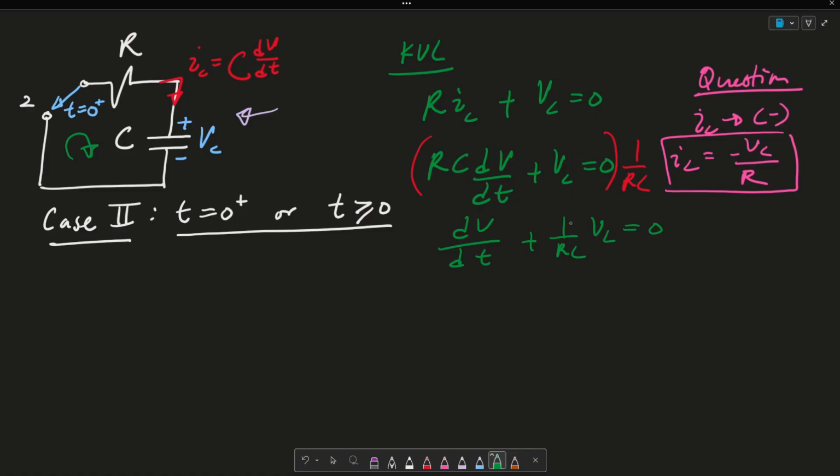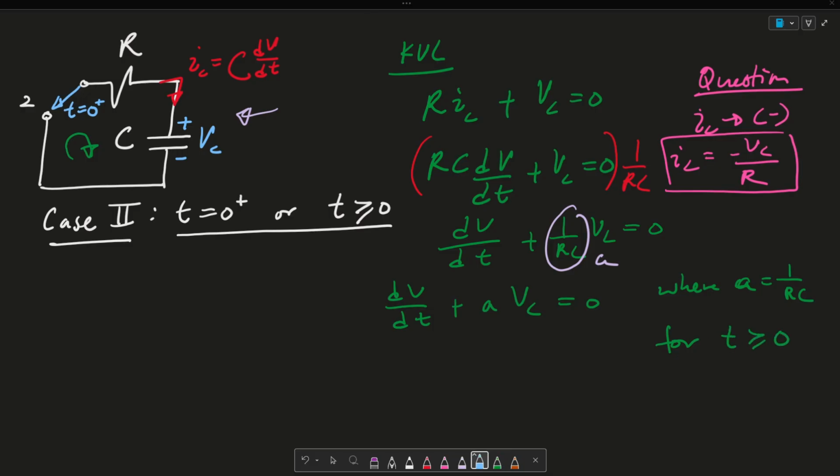Let me call this A. Then this becomes dV over dt plus A VC is equal to 0, where A is equal to 1 over RC. And again, remember, this is for t greater than or equal to 0.